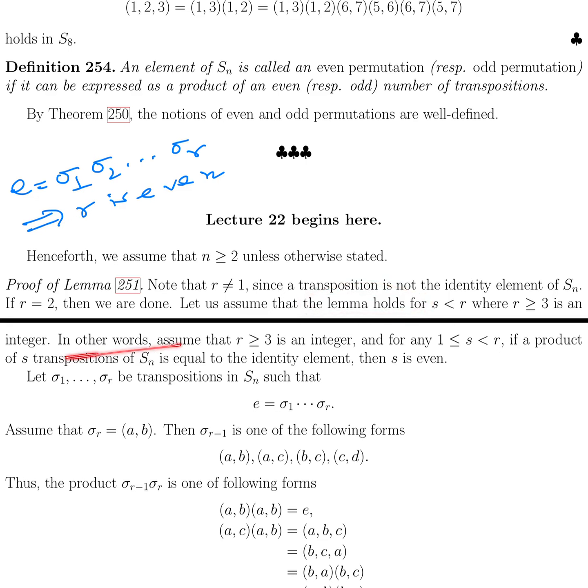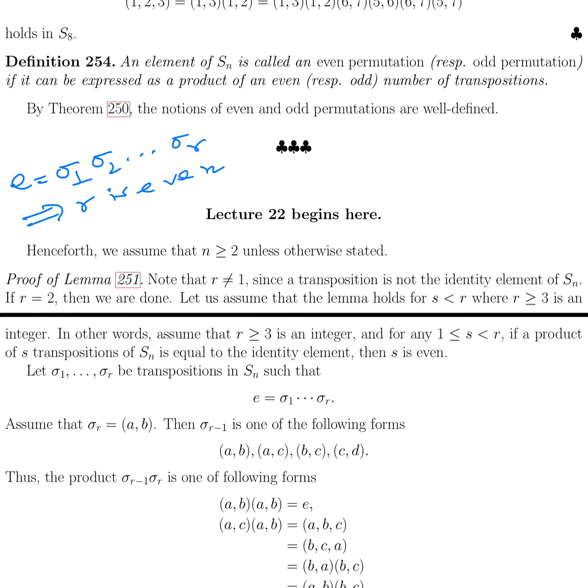Let me elaborate in words. You assume that R is at least 3, and for any positive integer s less than R, if the identity element of Sn is expressed as a product of s transpositions, then the number s has to be even.